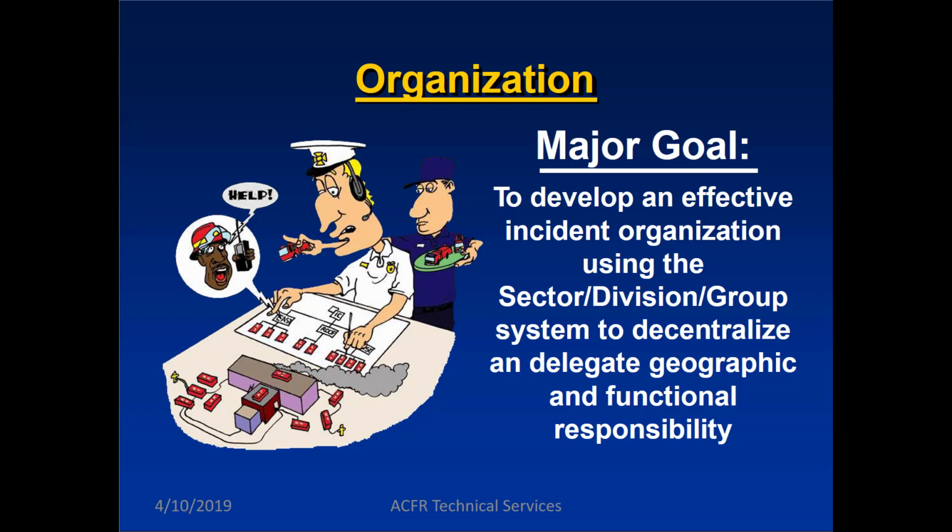And then all units assigned to Division Charlie or to the roof sector would report to that commander of that division, and then the incident commander would only talk to those division, sector, or group leaders.